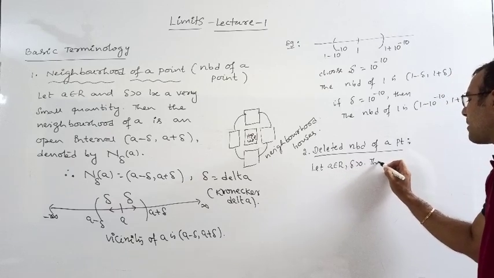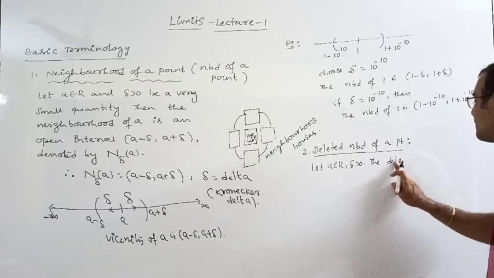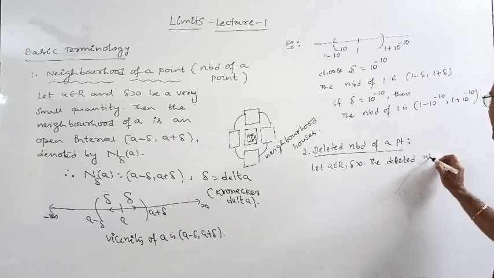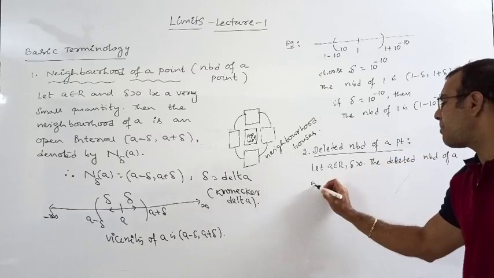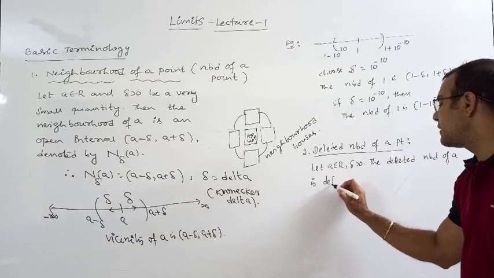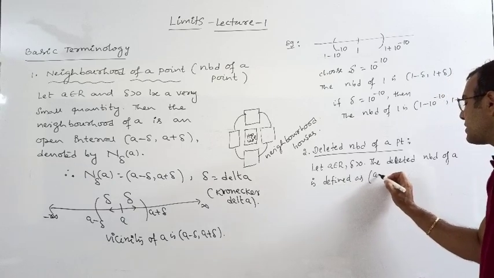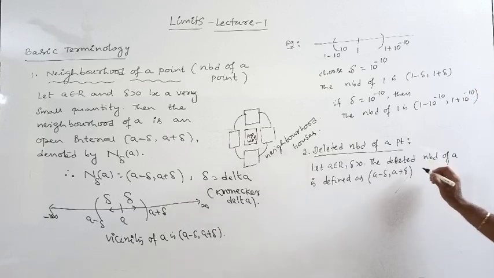The deleted neighborhood NBD of A is defined as the open interval A minus delta comma A plus delta minus set A.